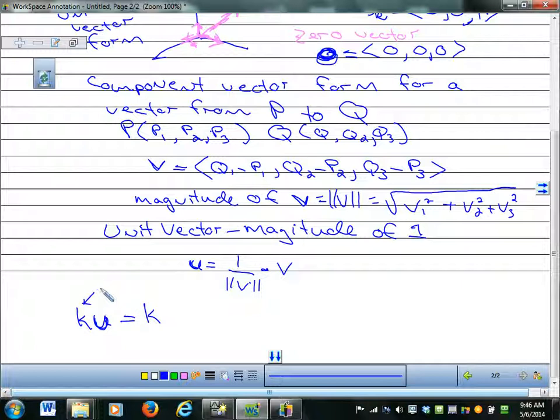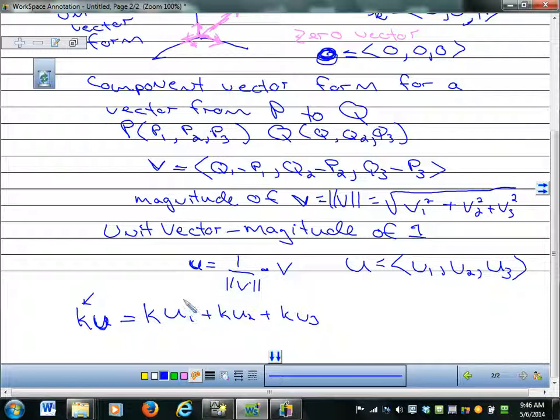So k u is equal to k times u1, k times u2, k times u3, if u is the vector u1, u2, u3. All that's saying is you can multiply a vector through by a scalar quantity and get a longer vector.